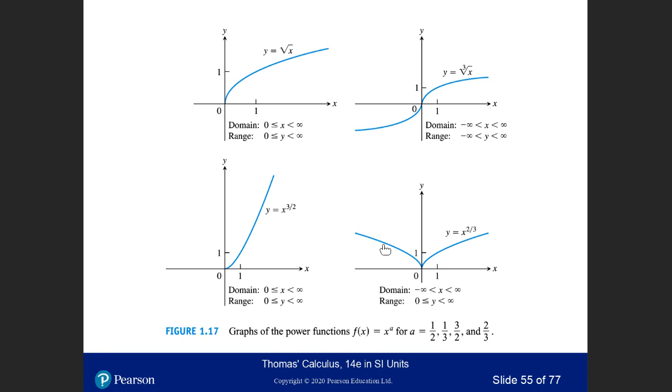If x is equal to minus 8 here, then y is again 4, because the cube root of minus 8 is minus 2, and it squares to 4 again. So that's symmetric about the y-axis. As you can see, this function increases between 0 and infinity and decreases between minus infinity and 0.